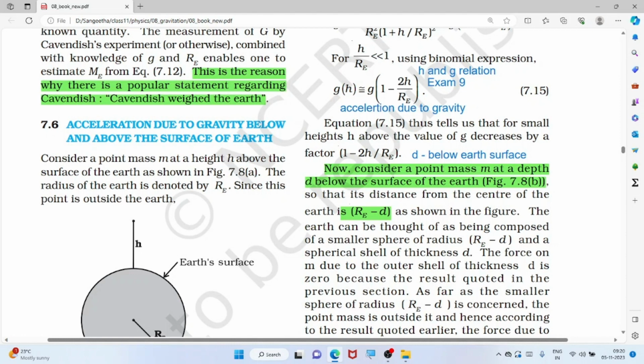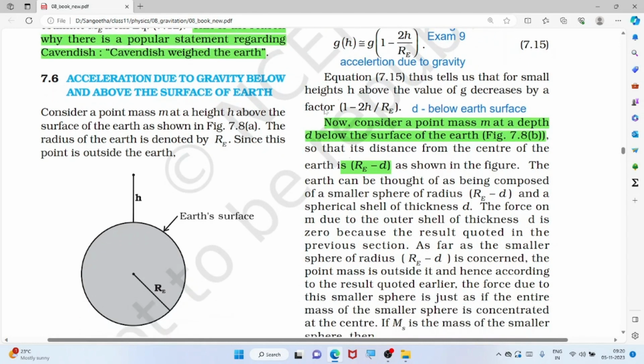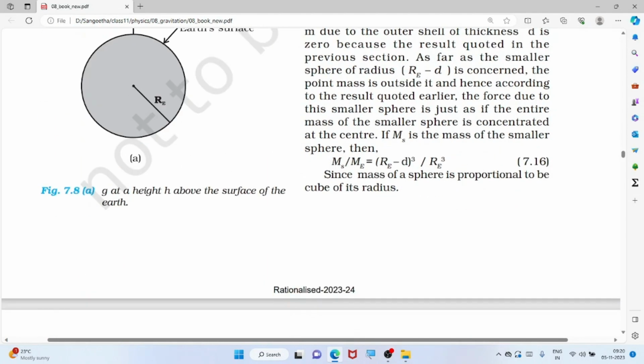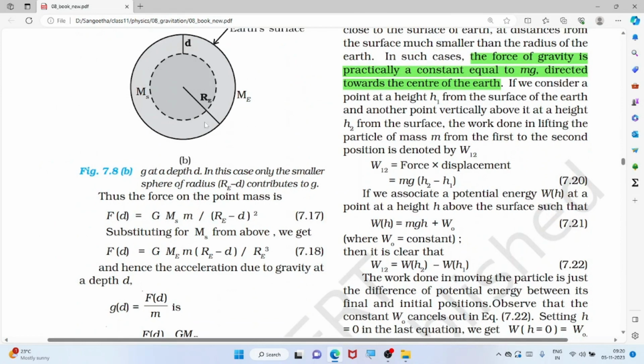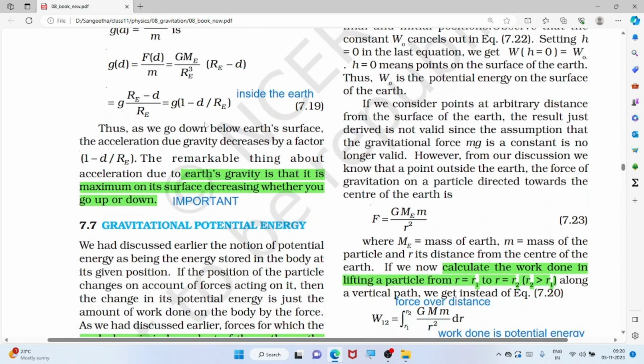This is the relation between the height and the gravity. g decreases when the height is more. When d is below the surface, this is the relation. This is inside the earth.